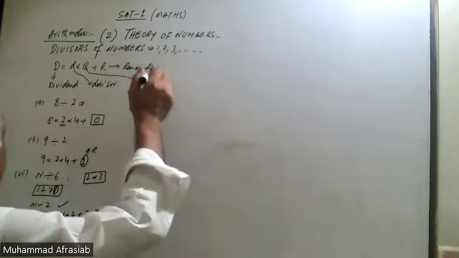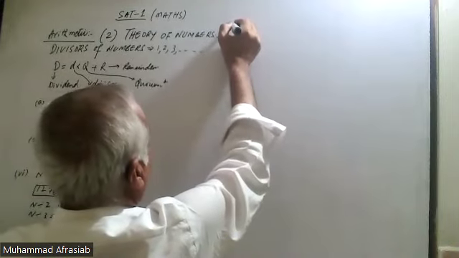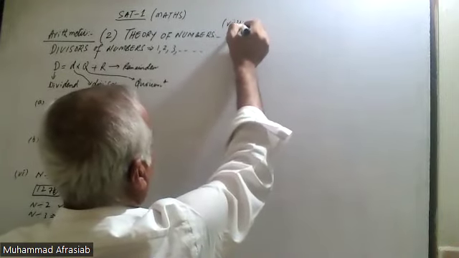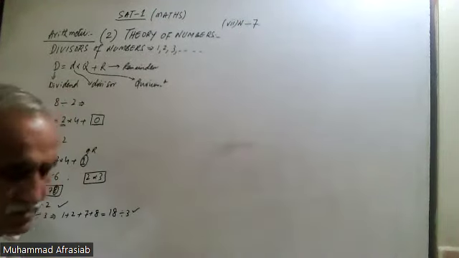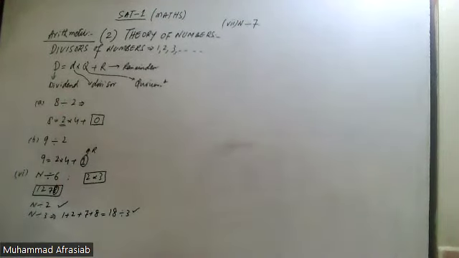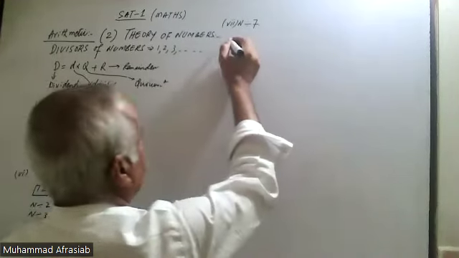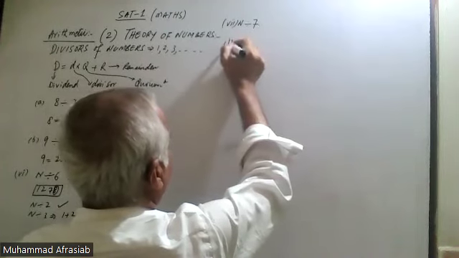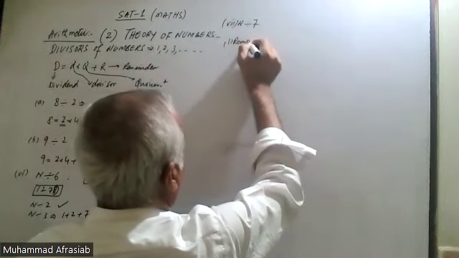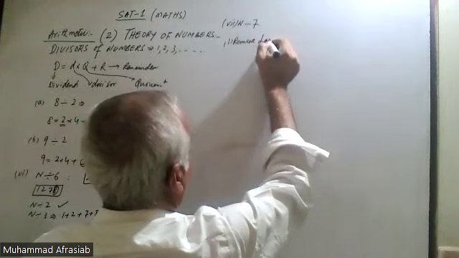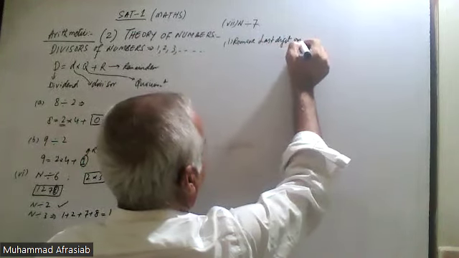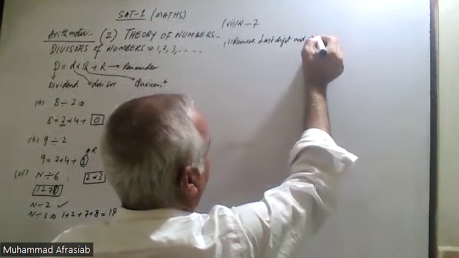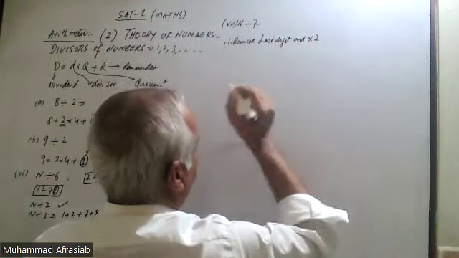Then, a number divisible by 7. The rule is: remove the last digit and multiply it by 2.